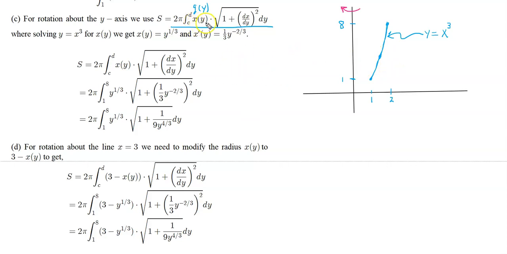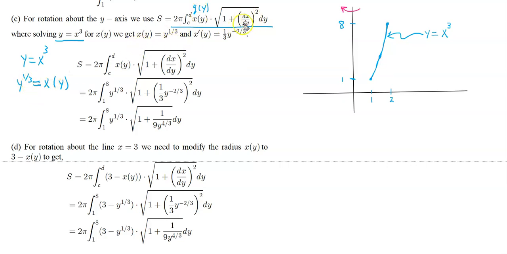Now to find x of y, what we want to do is take our equation, y equals x cubed, and solve for x in terms of y. So solving this for x in terms of y, we just take the cube root of both sides, or raise both sides to the 1/3 power, and so the function x of y equals y to the 1/3, or g of y equals y to the 1/3.